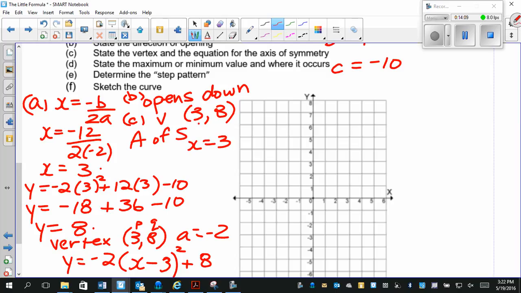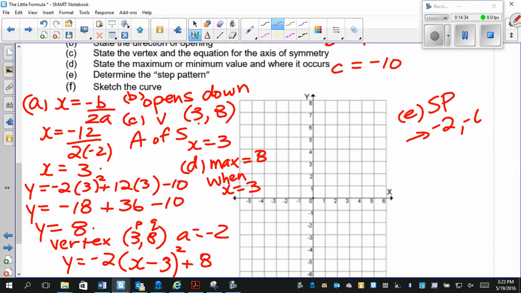D, our maximum is equal to 8, and that's when x equals 3. And the last thing here that's pretty helpful for graphing it, the step pattern, because A is -2, it's going to be -2, -6, -10.